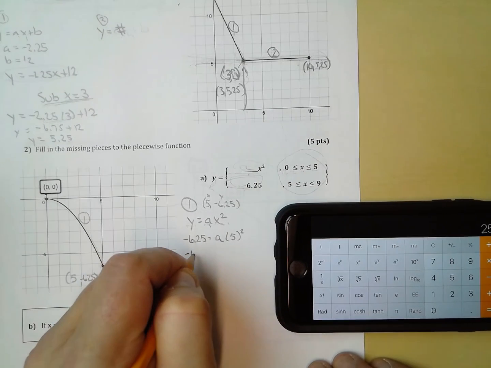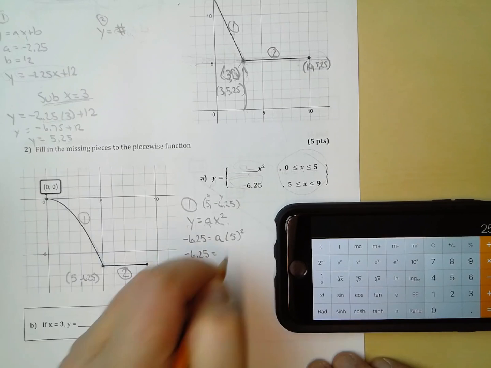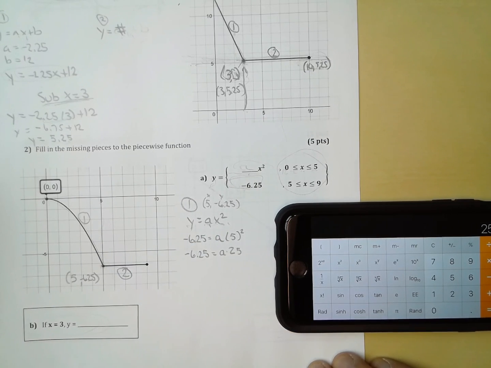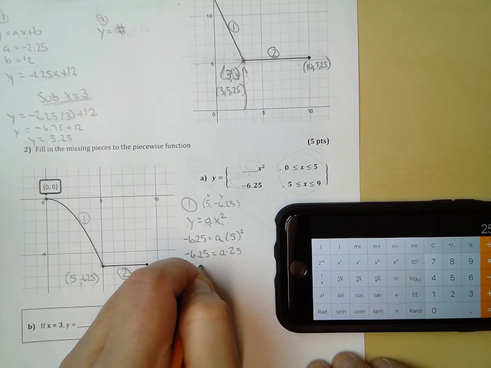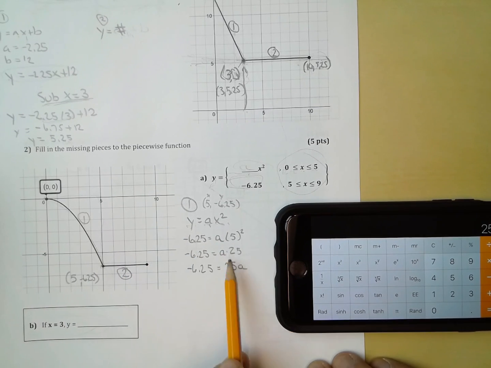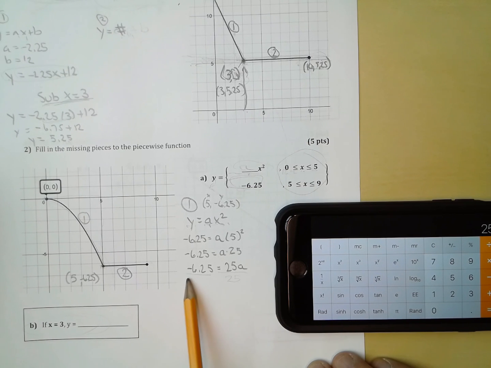So negative 6.25 is equal to a times 25. Which is a kind of an ugly way of writing negative 6.25 is equal to 25a. That should look a little more familiar. Just switch those out. Doesn't really matter. Bottom line is you need to know that you got to divide 25a divided by 25 over there, and over there will allow me to then say what the a actually equals.